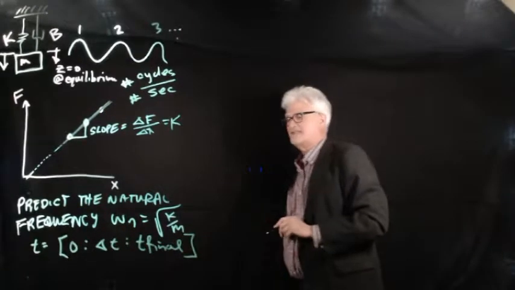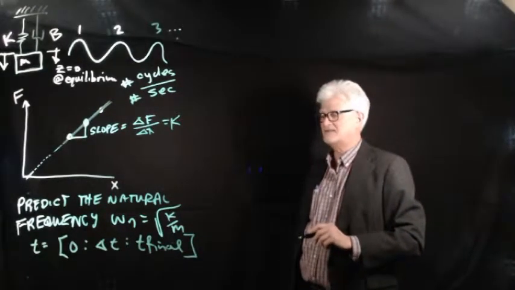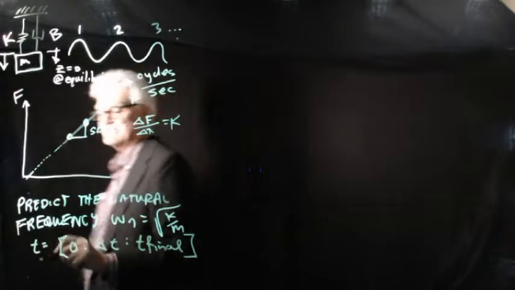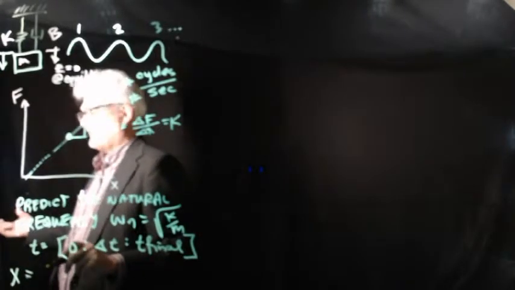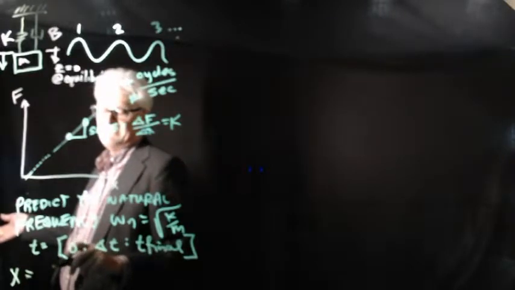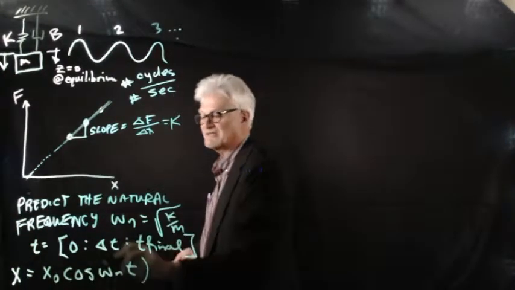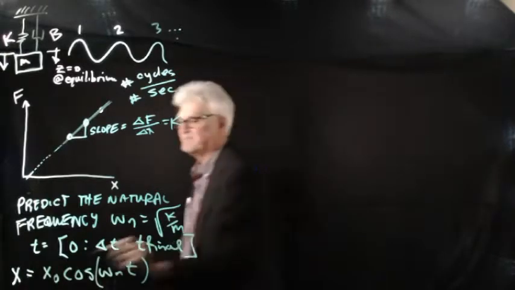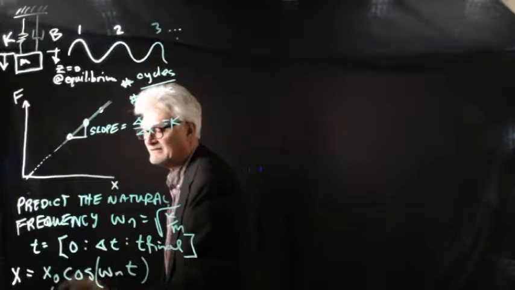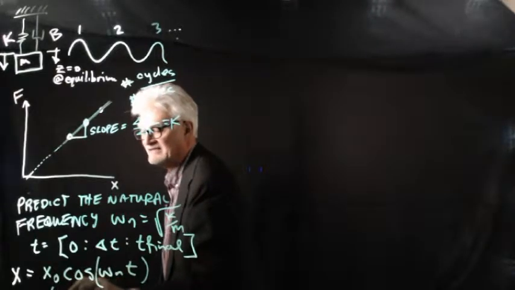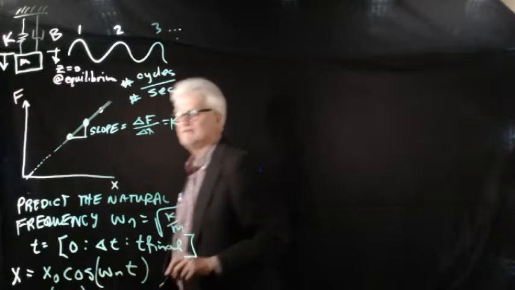And we're going to have the analytic solution that says x is equal to x naught cosine of omega n times t. You're going to just put that in, and then you're going to plot it. You're going to say plot t, comma, x.